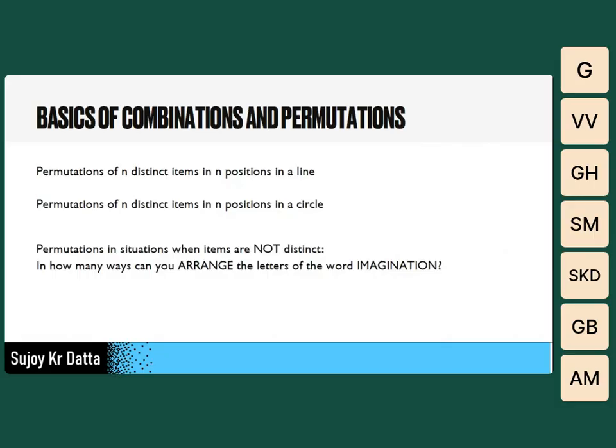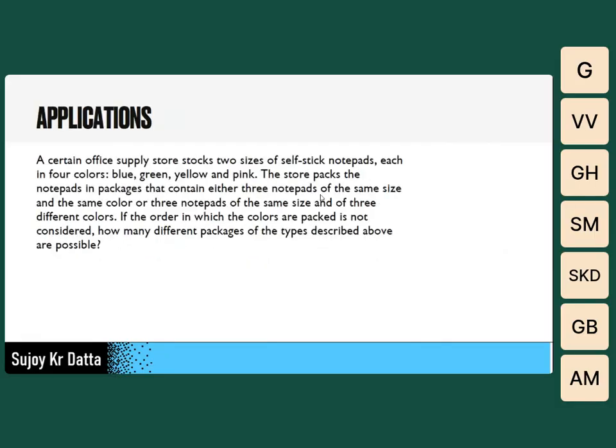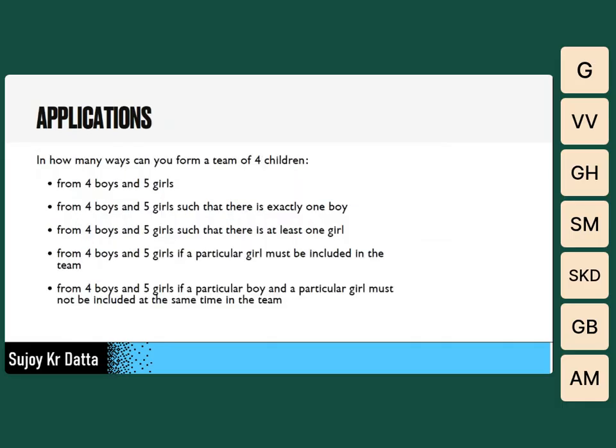Right. Let's move on to a few more different types of questions. Let us say I give you a question which is based on this condition. Let's say you have got A, B, C, D as four girls, and let us say P, Q, and R as three boys.